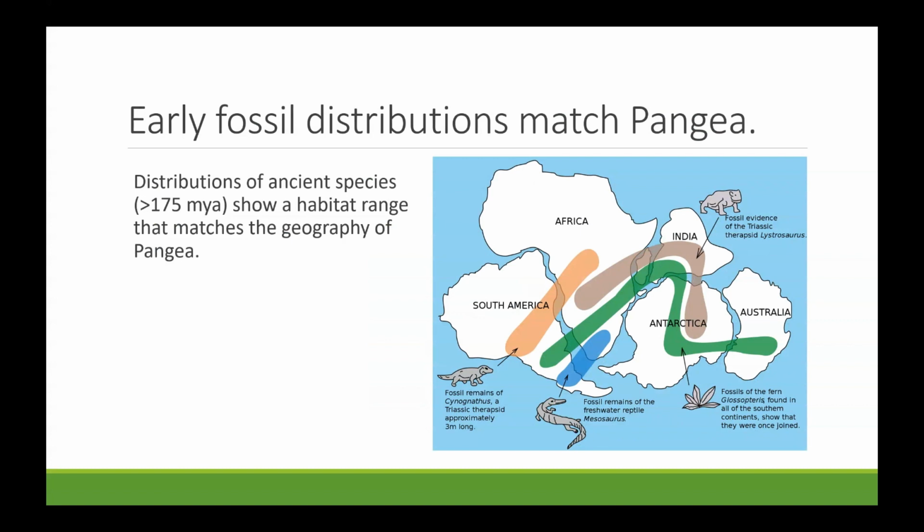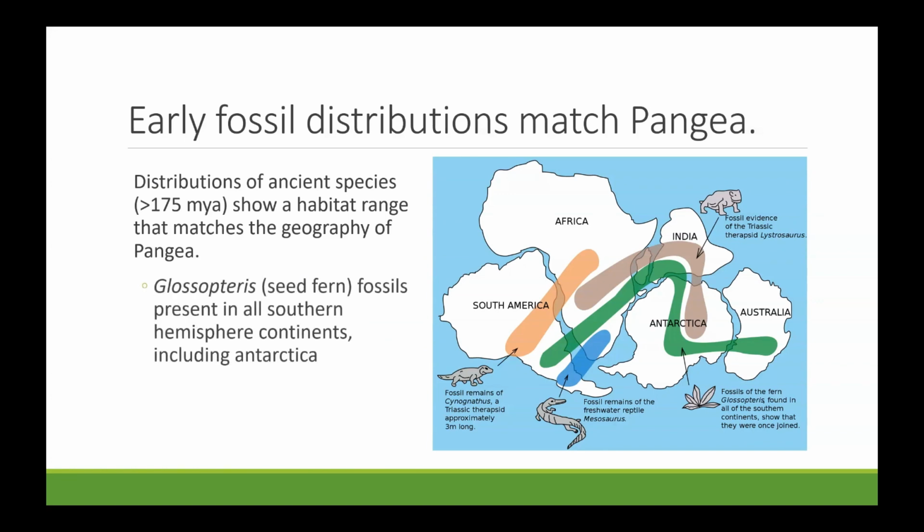For example, there's an ancient fern species called Glossopteris, which in this image is shown in the green stripe. These fern fossils can be seen across all of the continents of the southern hemisphere, including Antarctica, where, of course, it would not be able to survive today because ferns don't grow in frozen tundra.